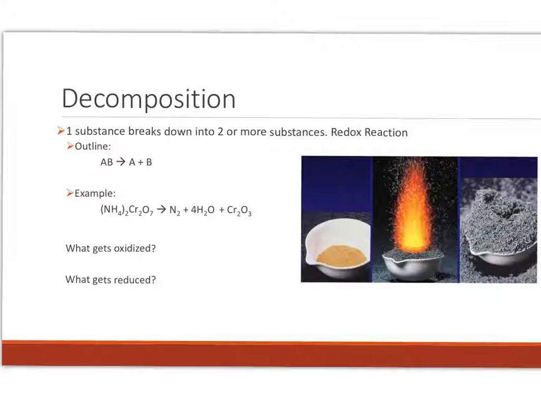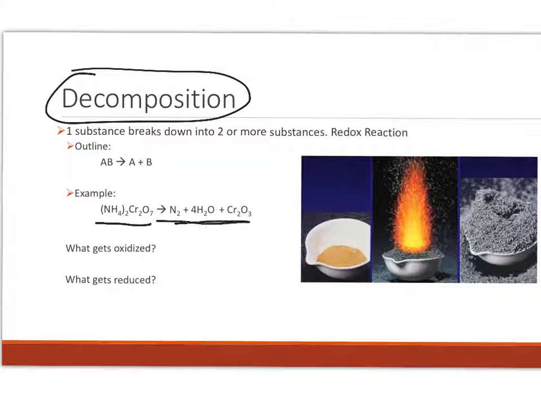So our next one is the opposite of synthesis. It is decomposition. In decomposition we have one substance that breaks down into 2 or more. Usually this requires some sort of energy source or heat in order to make it do that. In this case, we have ammonium dichromate, and it breaks down into these products here.